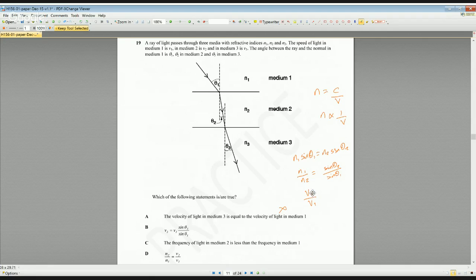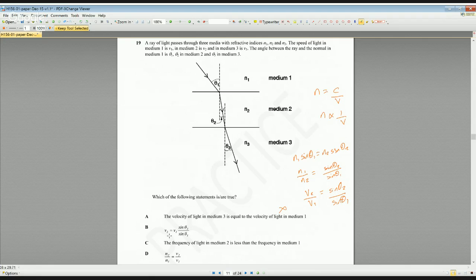So that ratio, just the other way up, is equal to sine theta 2 divided by sine theta 1. Now if we multiply both sides by v1, we'd get v2 equals v1 sine theta 2 divided by sine theta 1.